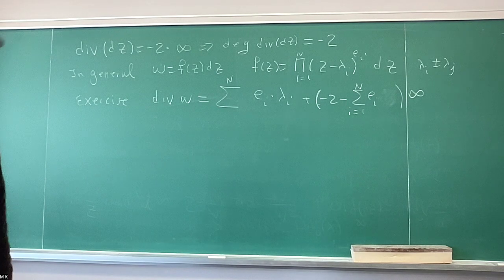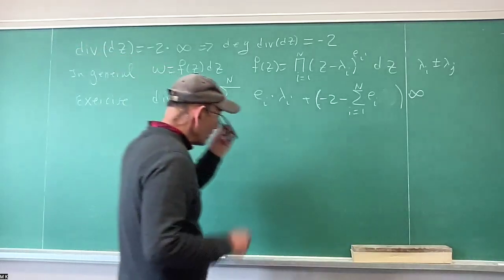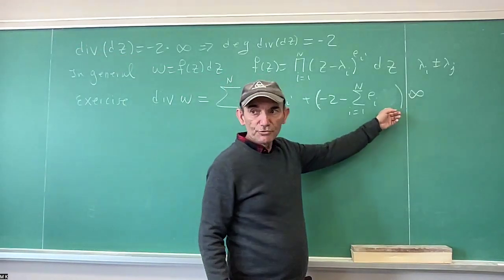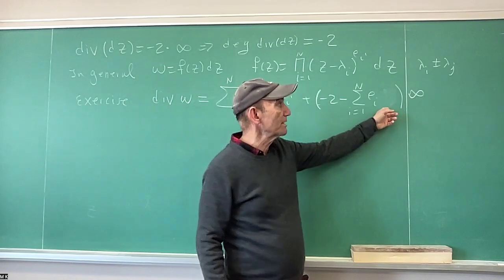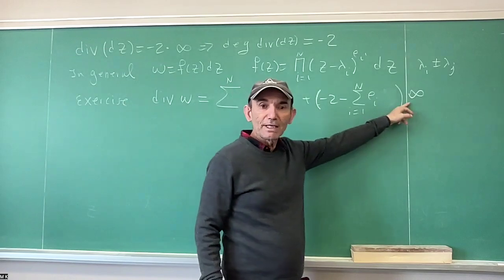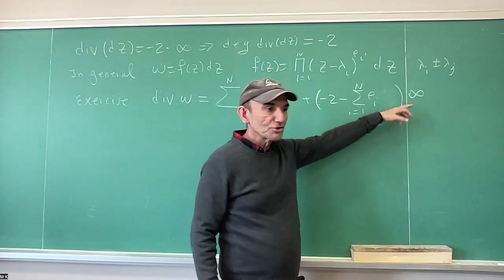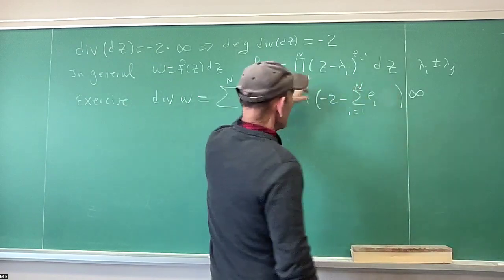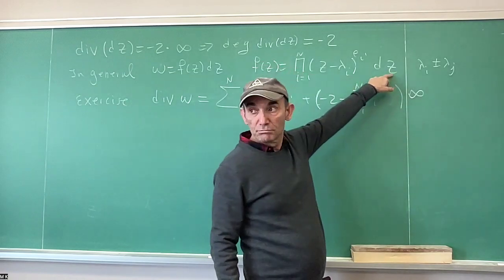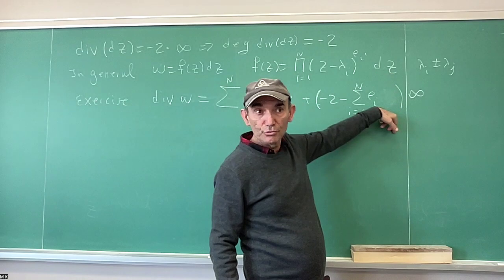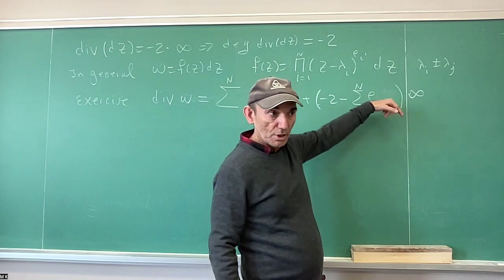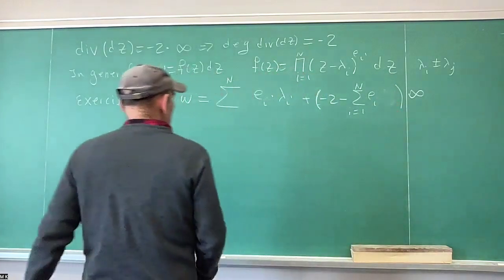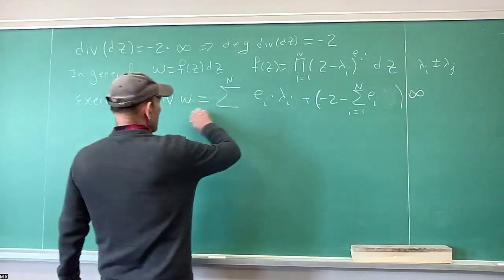The only thing you have to think about, with a little bit of calculation, is the point at infinity. How do you go about finding the behavior at infinity? You just change z to 1 over w, and then you are reduced to working around 0. Then you are done. So this is the divisor.